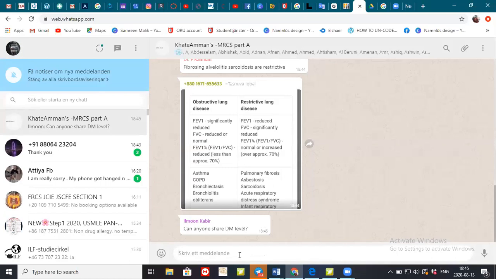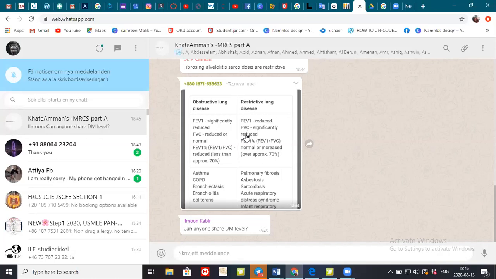The question was like that: FEV1 and FVC were given separately in the options. In restrictive diseases, FEV1 is reduced, FEV1 is increased, FVC is reduced, FVC is increased. They did not mention the ratio, they mentioned the separate things.